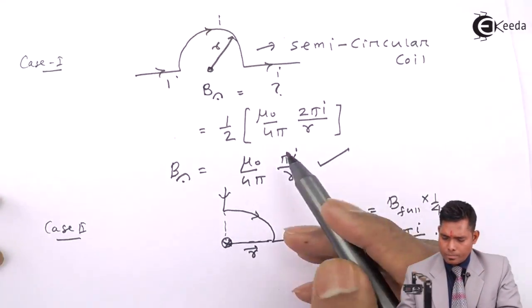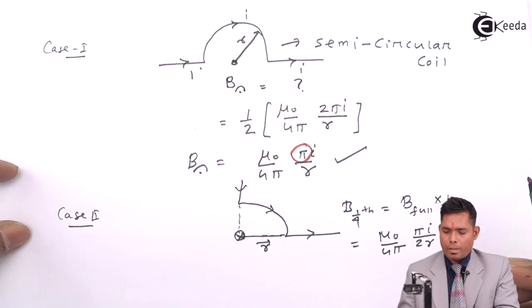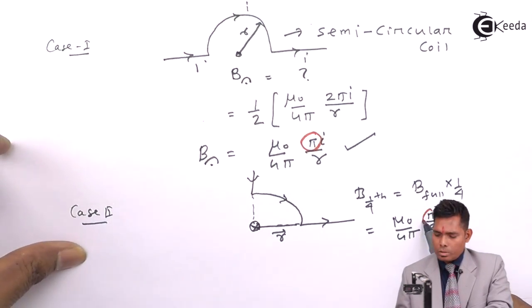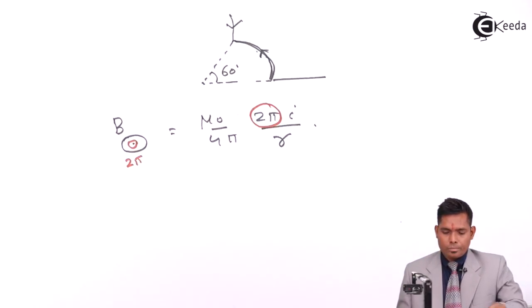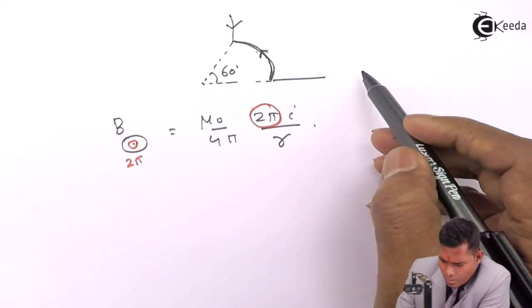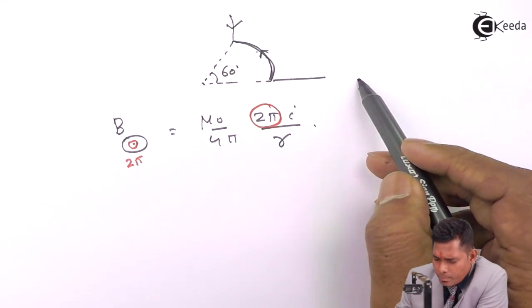You can see here, this is pi. When it is 1/4, this angle is pi by 2, so this is pi by 2 I by r. I by r is always there. That means I write the general expression.